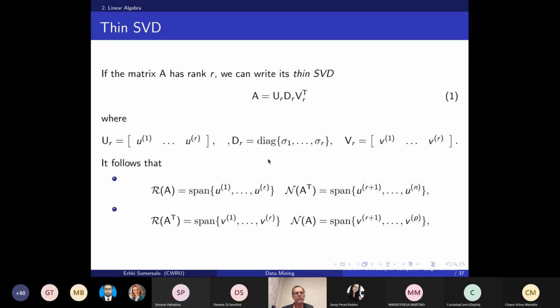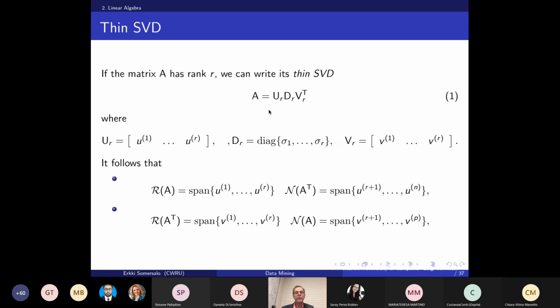And so often, if you have zero singular values, you may want to discard the singular vectors which correspond to zero singular values. And it turns out that you can write what is known as the thin singular value decomposition, which is as follows.